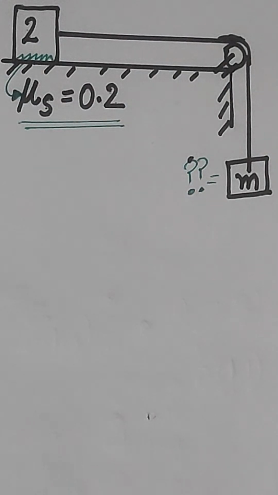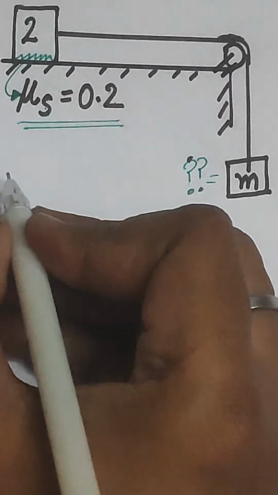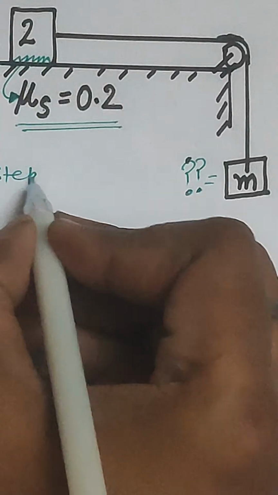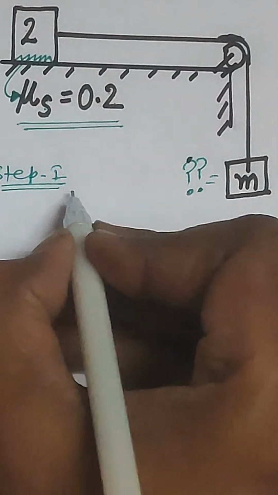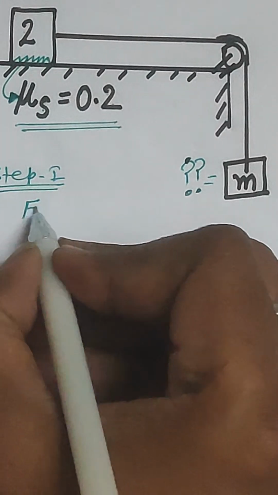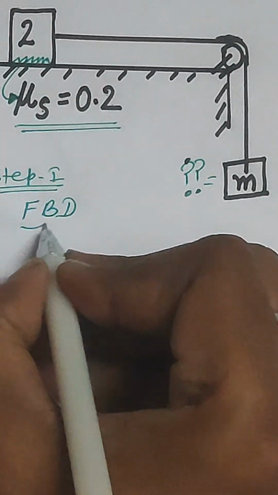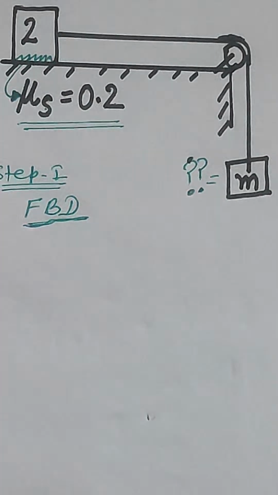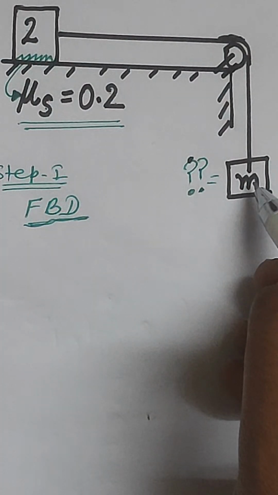So to solve this question, students, let us draw the free body diagram. Step 1 is to draw the FBD, right? So when you draw the FBD, there will be two FBDs: one for mass M and one for this 2 kg mass.